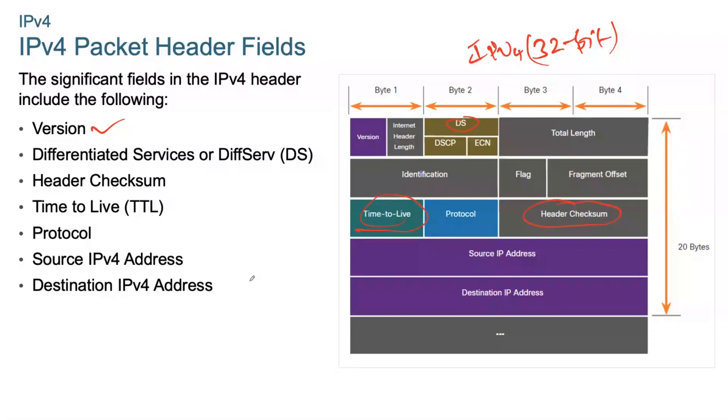If this time to live is not there, then your packet will travel infinitely around the network, and it will cause congestion. Suppose time to live is given as 10 hops; after 10 hops of travel, the packet will be discarded from the network.